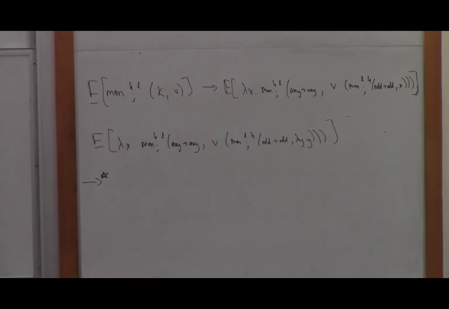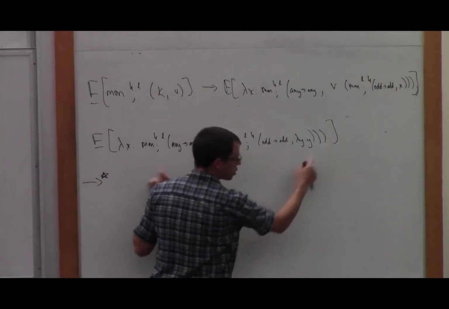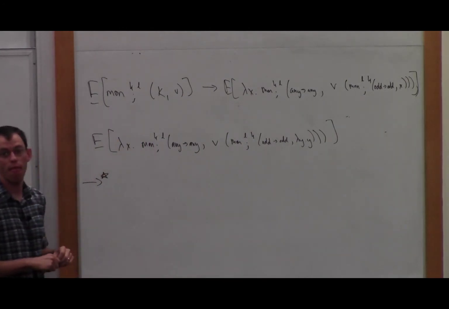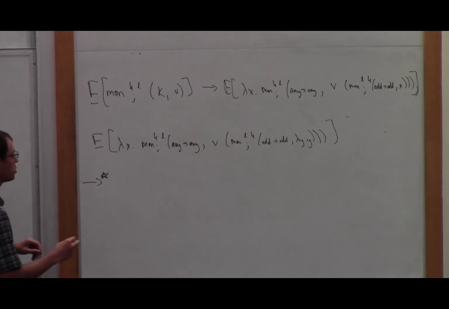That's going to pass all the contracts. Then we're going to get back this function, and we're going to apply it to 2.